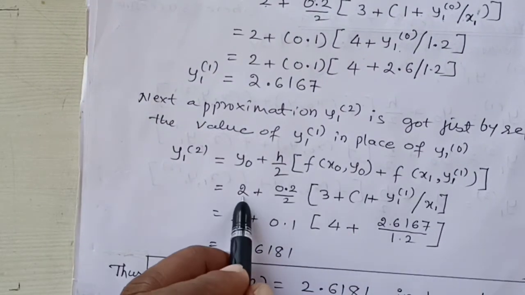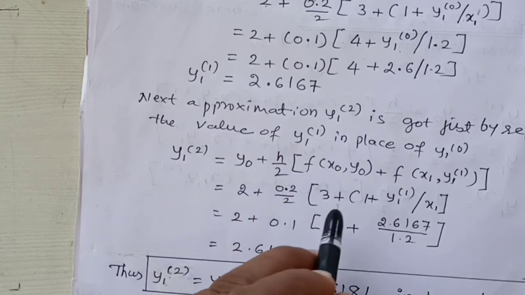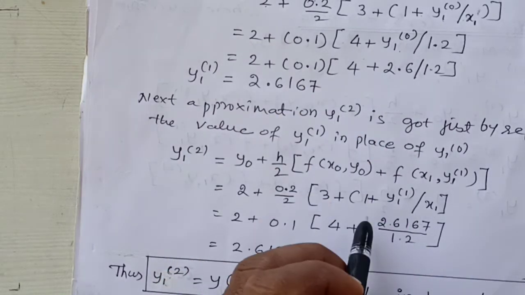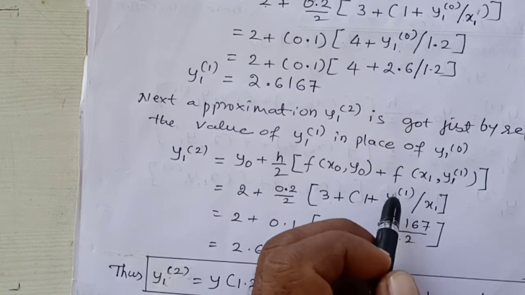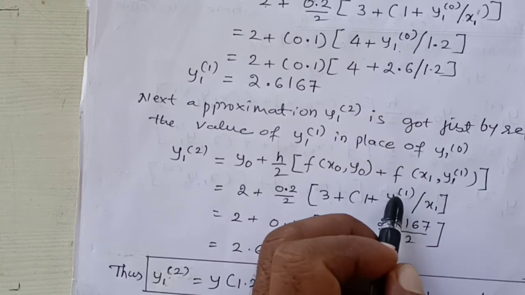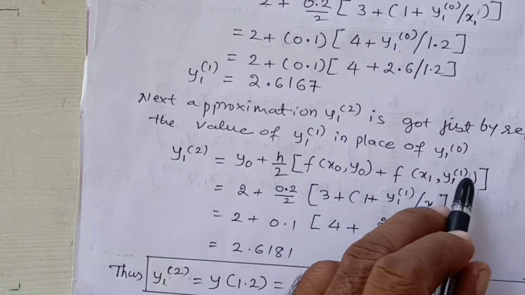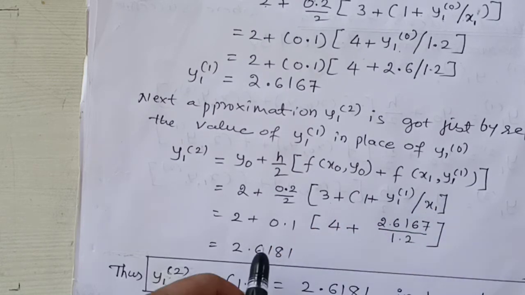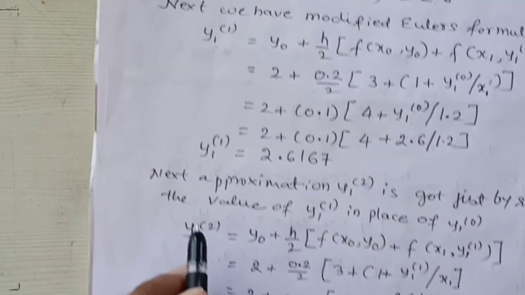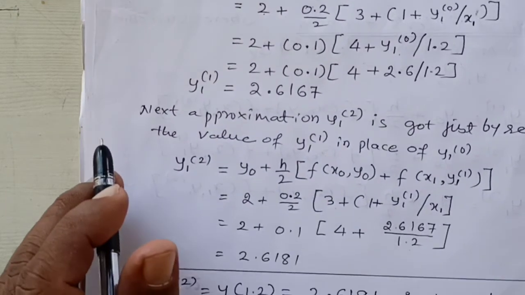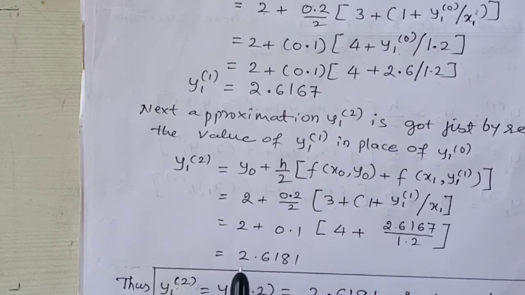So 2 plus 0.2 divided by 2, f of x naught is 3, we calculated. Next f of x1 y1, 1 plus, now our equation is not x by y, it is y by x, so y is y1 at 1 divided by x1. So x1 is 1.2, y1 at 1 is what we just calculated, 2.6167.